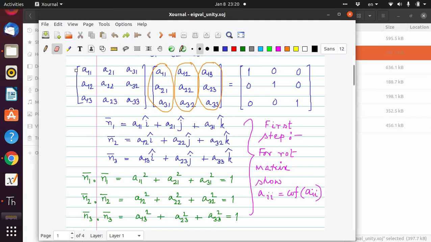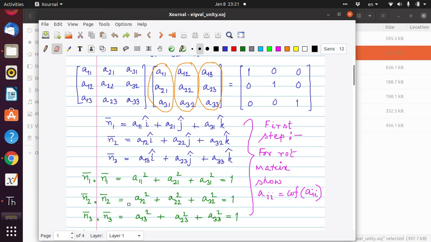If you multiply the first row with the first column, you get n1 dot n1, that is a11 square plus a21 square plus a31 square, and that is equal to 1. Similarly, n1 dot n2 has to be 0.